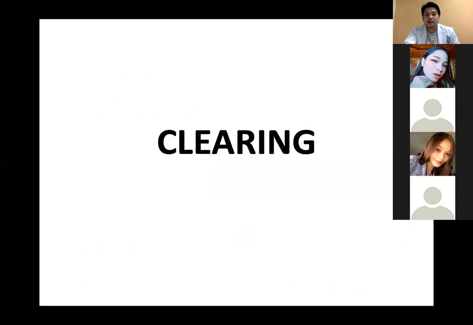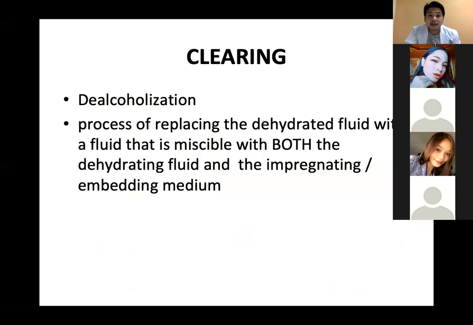Okay. So next topic will be clearing. After dehydration, we perform clearing. Clearing is also known as dealcoholization. But basically, class, since alcohol is the most common dehydrating agent, we use this term. But clearly, we have other types of clearing agents. So that's why we settle for clearing as a term.